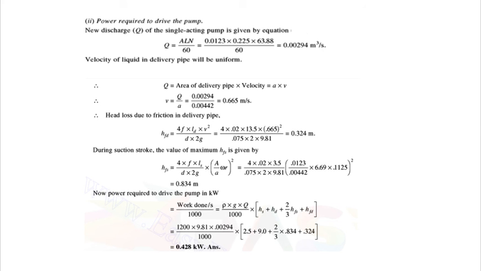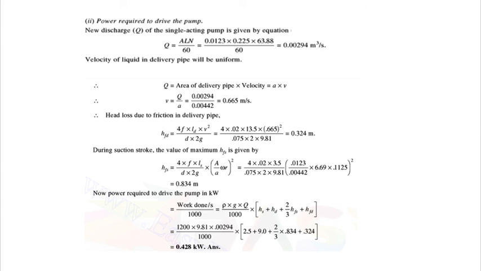During the suction stroke, the maximum value of HFS, the frictional head in the suction pipe, is given by 4fL upon 2dg, where L is the length of the suction pipe, into capital A upon small a, omega R. This formula we had derived in our last video of indicator diagram, in which we had studied the effect of frictional head on indicator diagram.